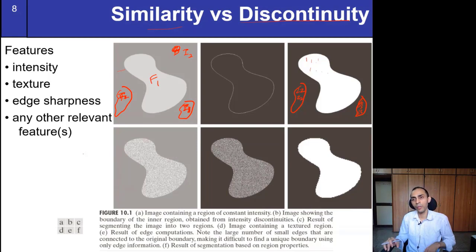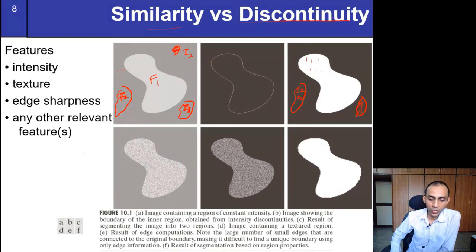So CCL and morphology, we'll see, are used as post processing. After segmentation is done, we do connected component labeling, and then sometimes morphological processing for cleaning up the output. If you remember some of the hand fingerprint images that we had seen earlier when we discussed morphology, those were already the output of segmentation.